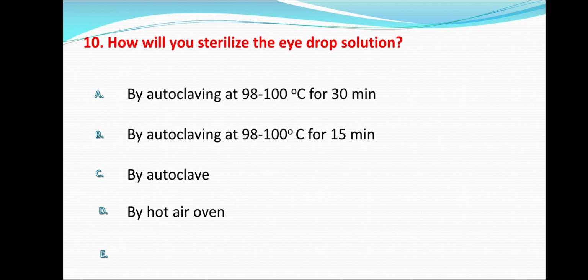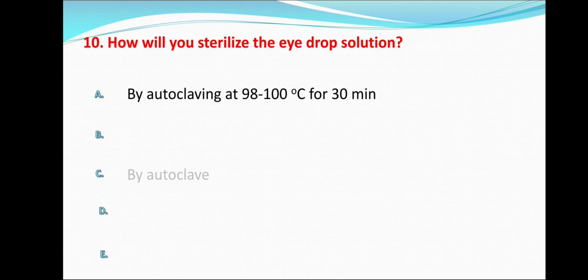By autoclaving at 98 to 100 degrees Celsius for 30 minutes, by autoclaving at 98 to 100 degrees Celsius for 15 minutes, by autoclave, by hot air oven. The correct answer will be option A, that is by autoclaving at 98 to 100 degrees Celsius for 30 minutes.